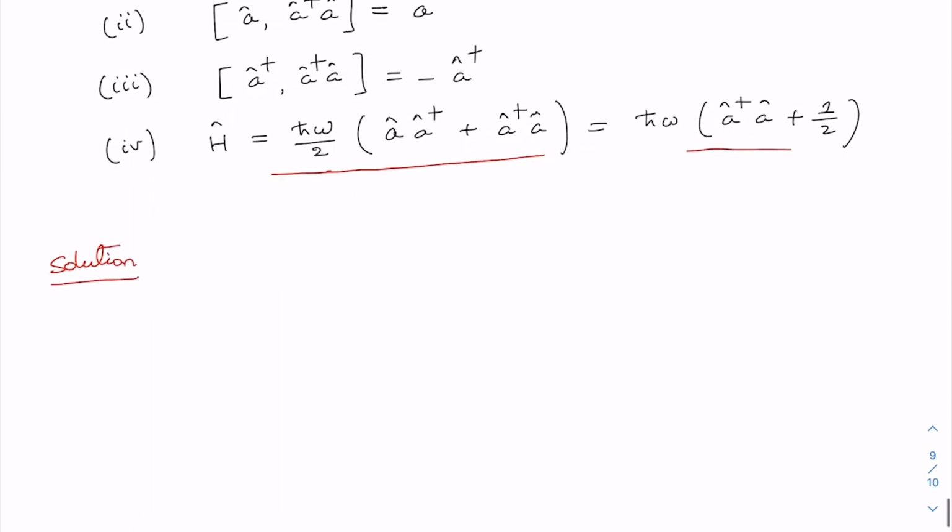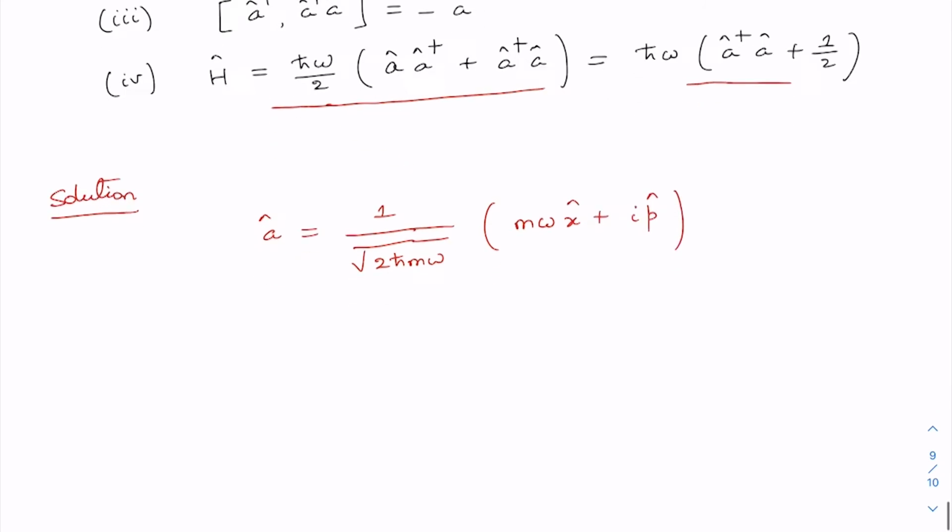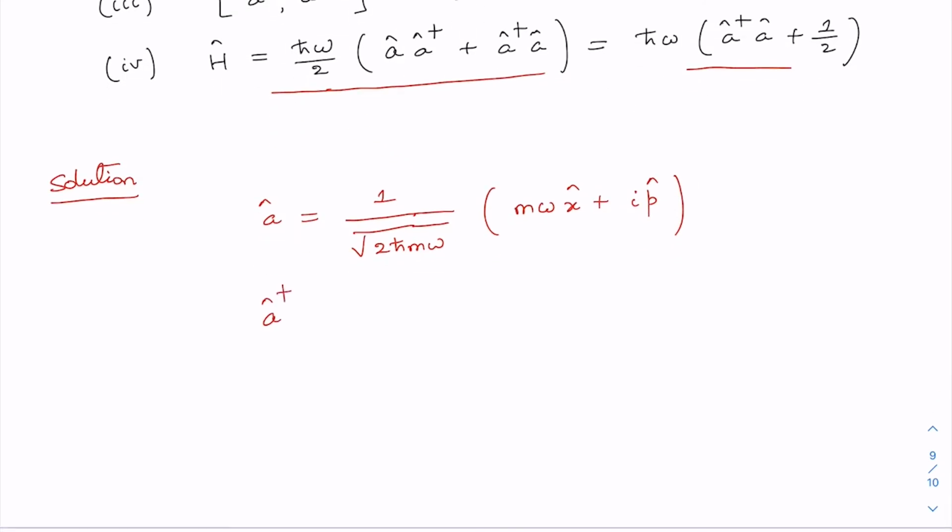So we have annihilation operator A is 1 by square root of twice h cross m omega times x cap plus ip, and A dagger is equal to 1 by square root of twice h cross m omega times x cap minus ip.